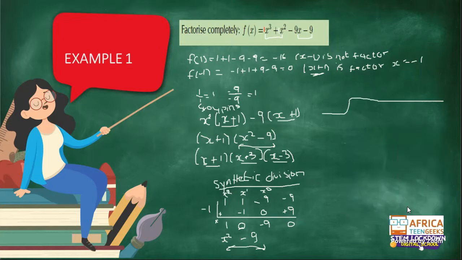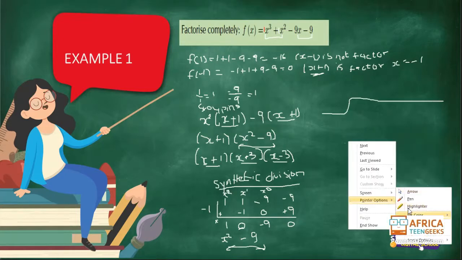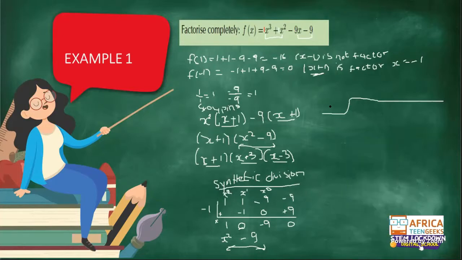So you'll have your x plus 1, and then inside you'll have x cubed plus x squared minus 9x minus 9. Okay. Then you will say x cubed divide x, which will be x squared.